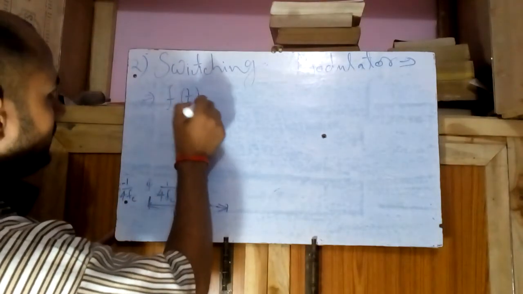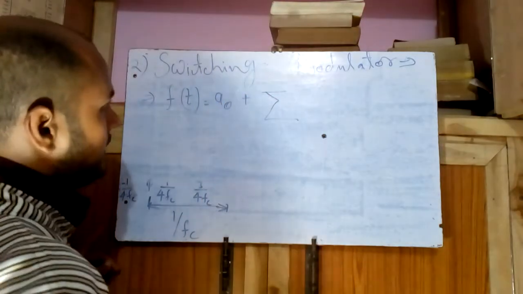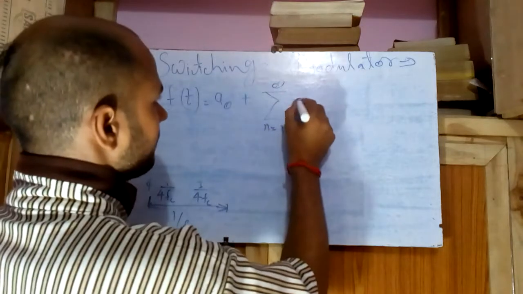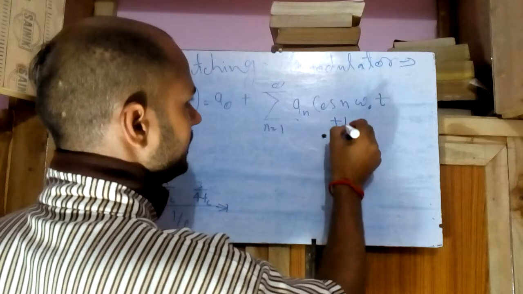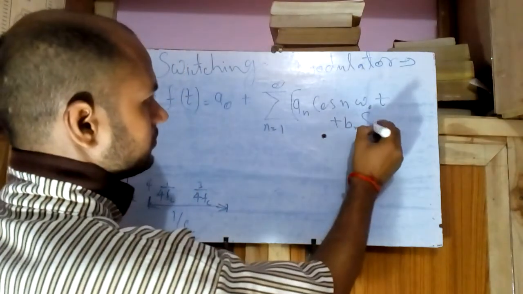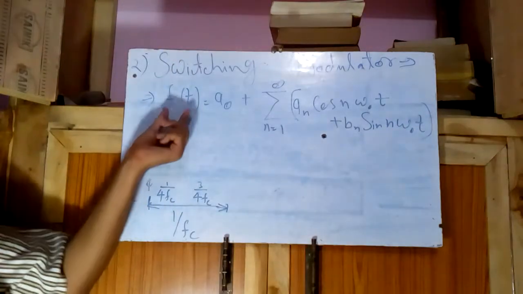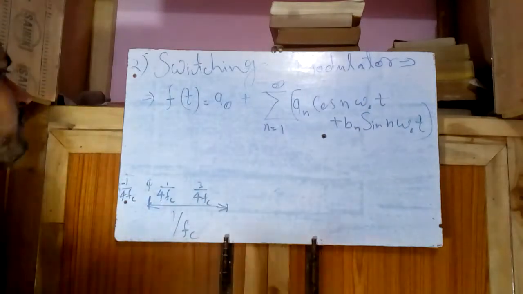Any FT in the world can be represented by using sine and cos, an cos n omega naught t plus bn sin n omega naught t. Right? Any signal of the world can be represented using a mutually orthogonal set.